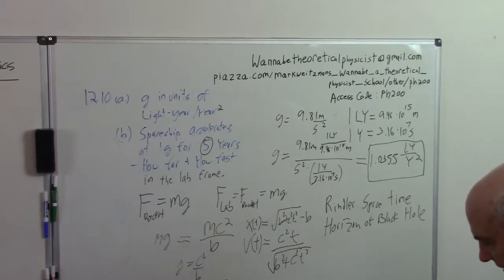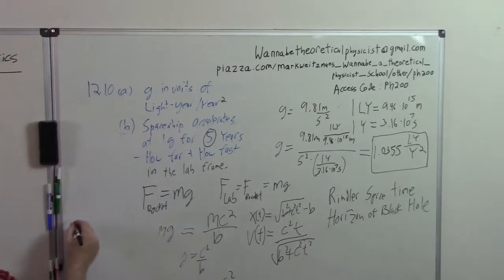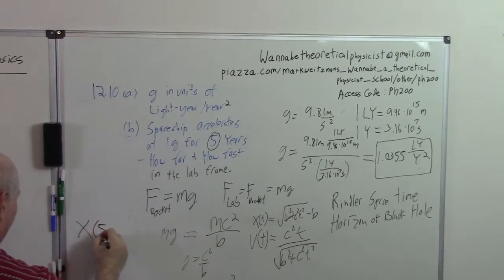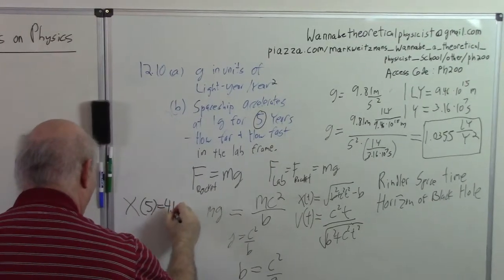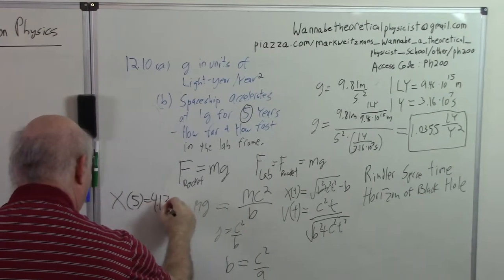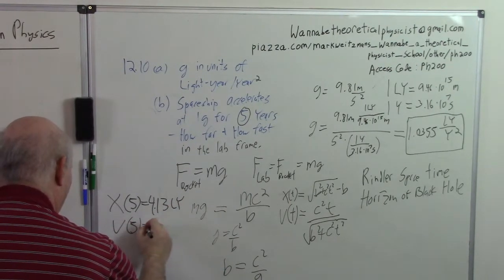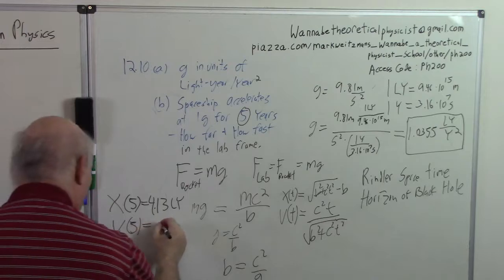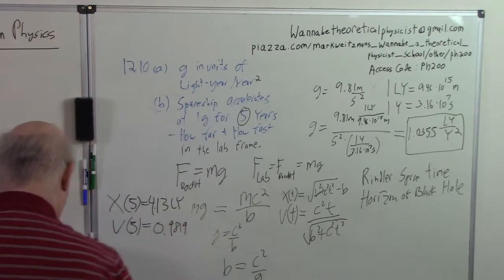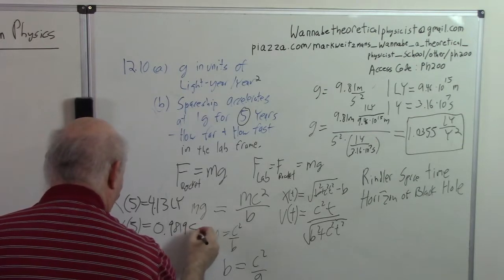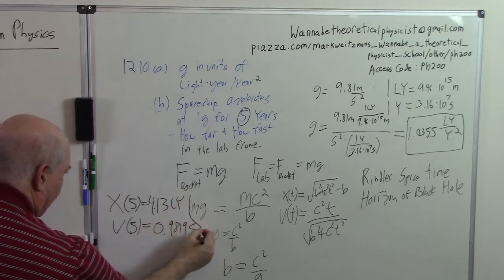And when we do that, we get x of 5 is equal to 4.13 light years, and v of 5 is equal to 0.9819 light years per year, but that's the same as the velocity of light, c. So this is our answer for this problem.